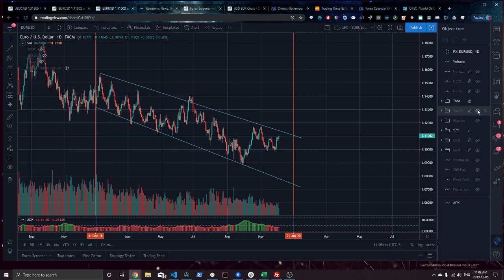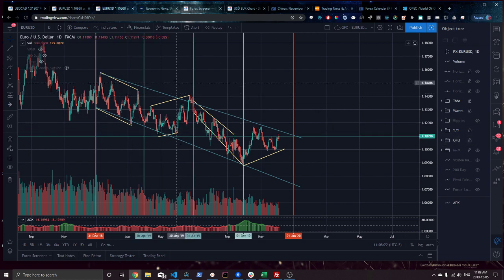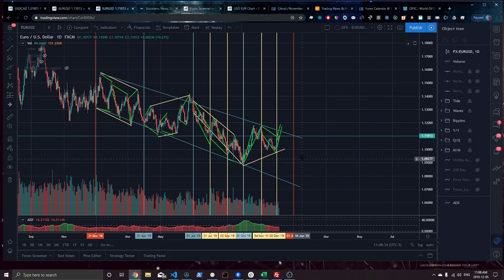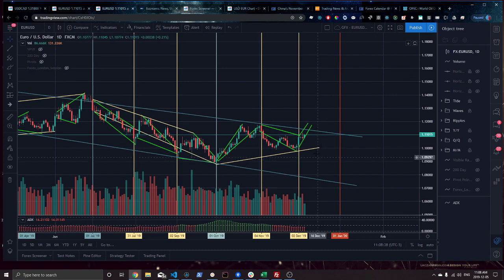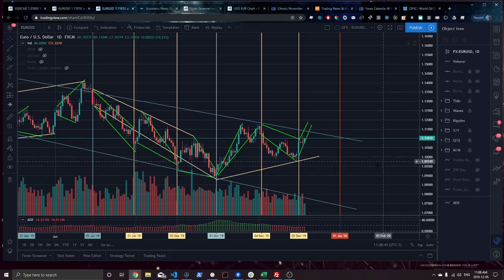Then we plotted our waves, which are inside this trend based on the quarters. The next thing we did was the ripples, which are inside there, plotted on the months, and I'll zoom that in a little bit. So we've got something that looks like that, right?